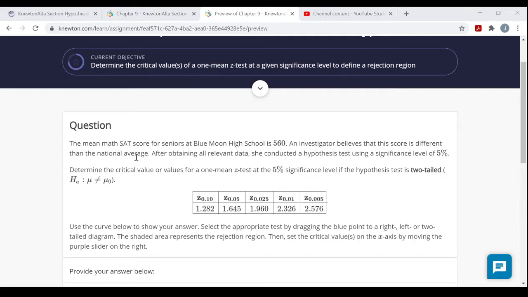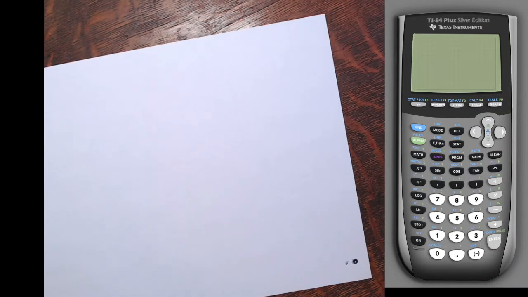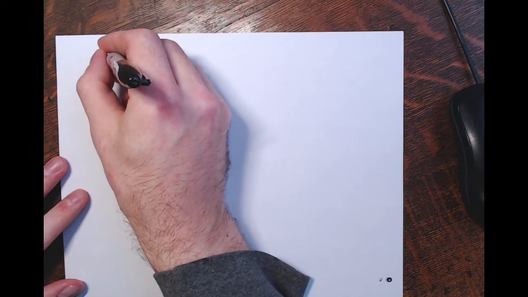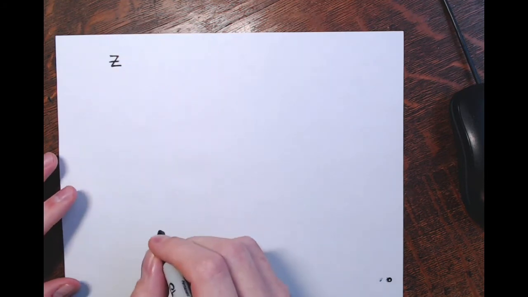So the national average would be like mu, right? The average for the whole population is different, not equal to 560. Now, if you recall, when we have a two-tailed test, and it's a z-test, because they said it was a z-test, we're going to be working with a normal distribution.